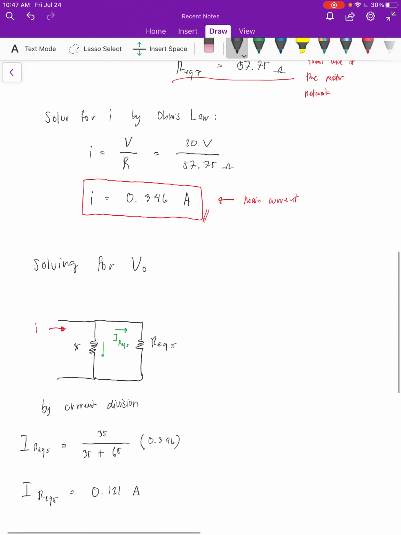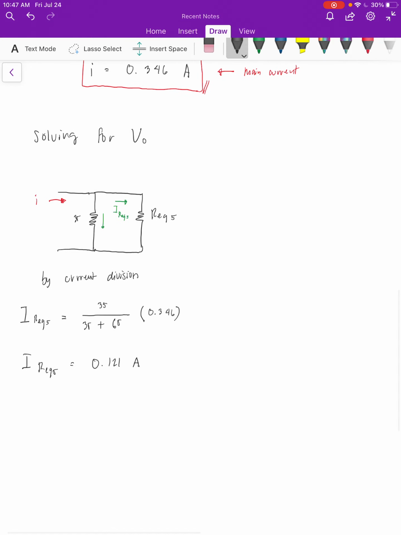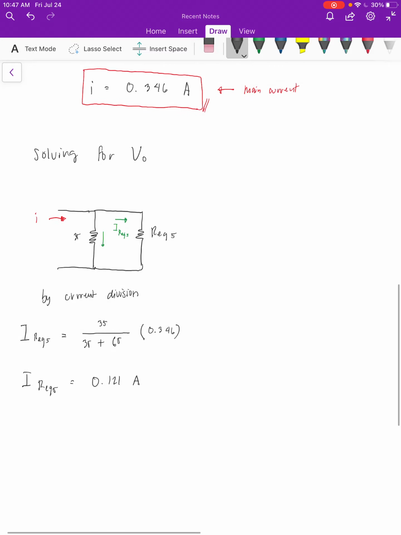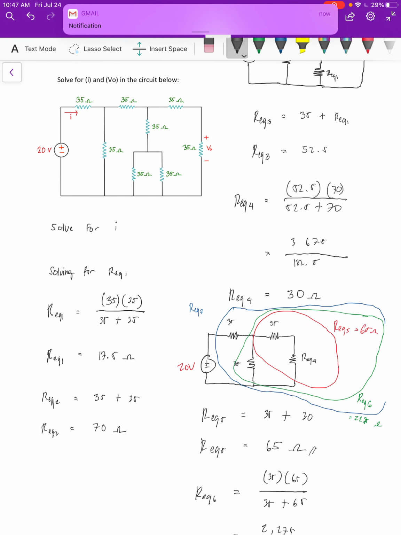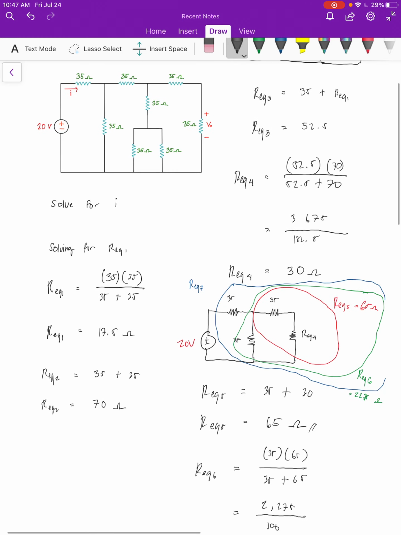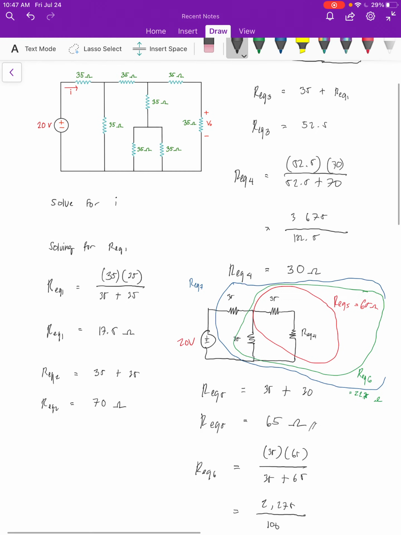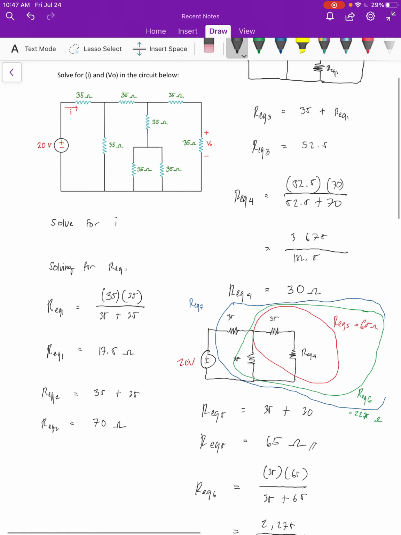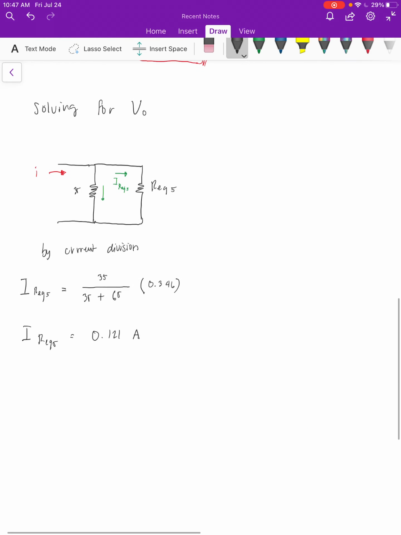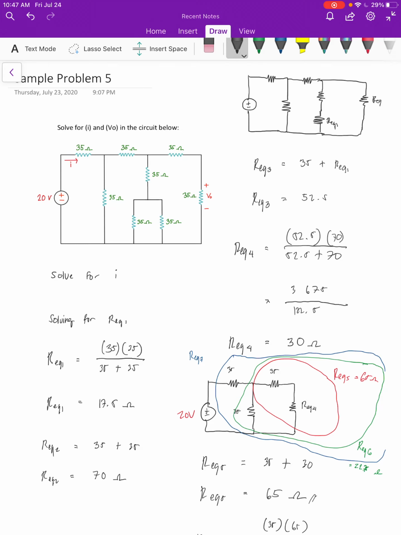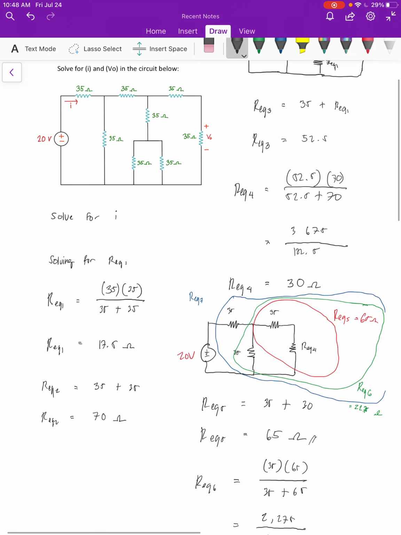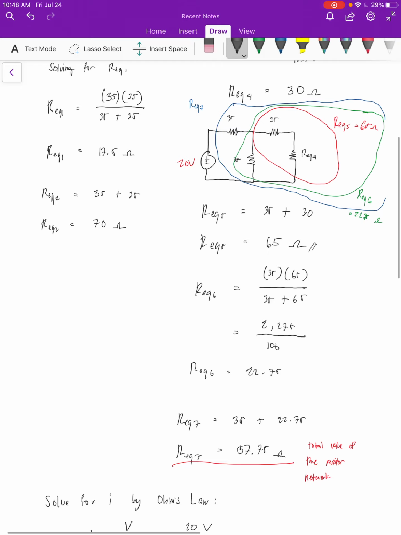So re-expanding the network once again, we have to determine the equivalent resistor network for REQ5. REQ5 is simply the series connection between 35 here and REQ4.